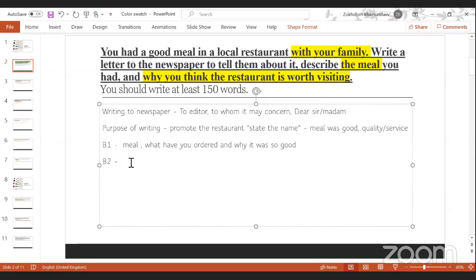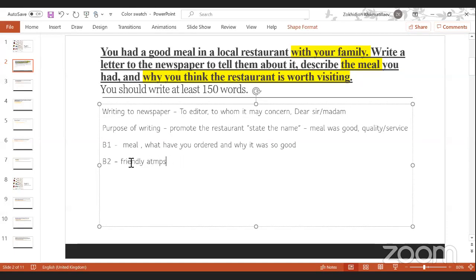And B2, why you think it's so worth visiting. I'm sure you go to restaurants a lot, and what makes you come back to that restaurant with your family? Meal in B1, what else? Friendly atmosphere, let's say.